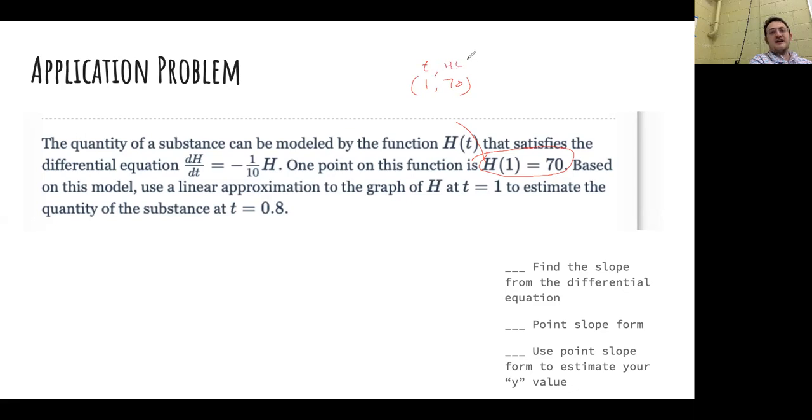And then this is my h of t1. And I'm just going to call this t1 for my initial time. And then it's asking us to find an estimate of the value at t of 0.8. So we want to find h of 0.8.